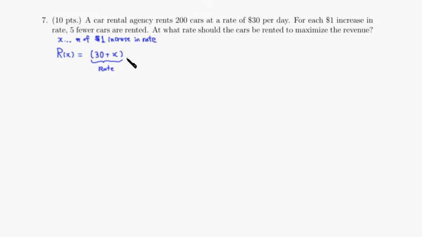Then the number of cars rented: at the base price it's 200 cars, but if you increase the rate by X dollars, each dollar you're going to lose five rental cars, so it's going to be 5 times X. So this would be the number of cars rented.